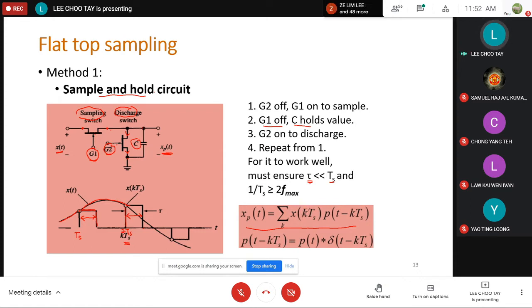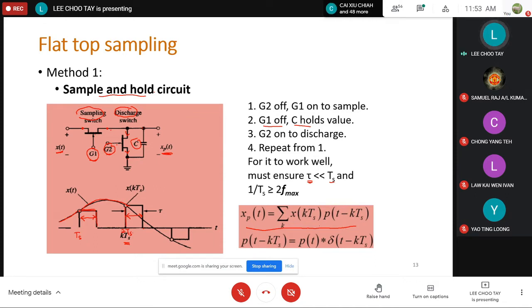K is the instance of sampling. K can be 0, 1, 2, 3, 4, all integers, and multiply with the pulse, which is delayed accordingly. You have pulses generated at all the k values, for all the sampling periods, again the sampling duration.